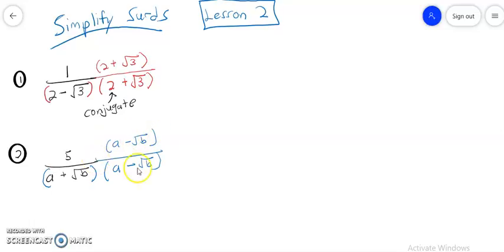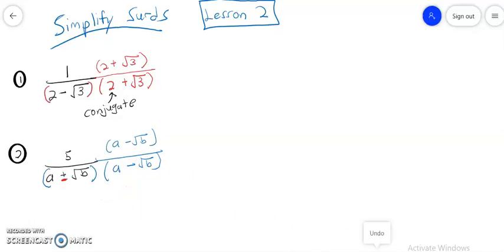The original is a plus, and the conjugate is the opposite sign, which is a minus. This is the meaning of conjugate.